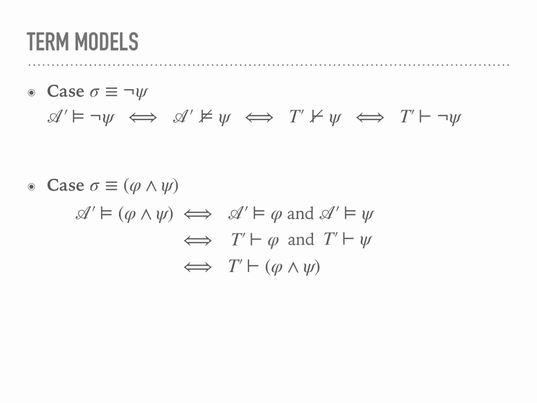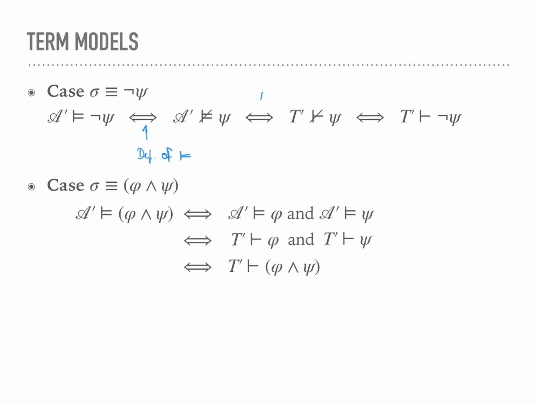So let's start with the first case, where sigma is of the form not psi. There it holds that not psi is true in A prime if and only if A prime does not satisfy psi. That's just the definition of the satisfaction relation, or in general, for any structure and any sentence. But now by inductive hypothesis, we have passed to a formula of shorter height, namely psi.